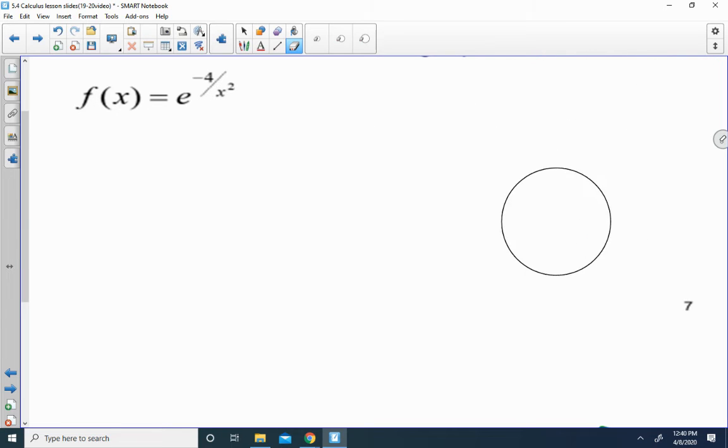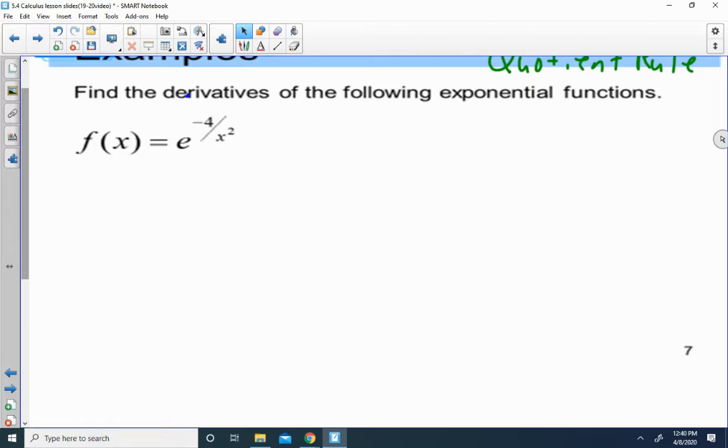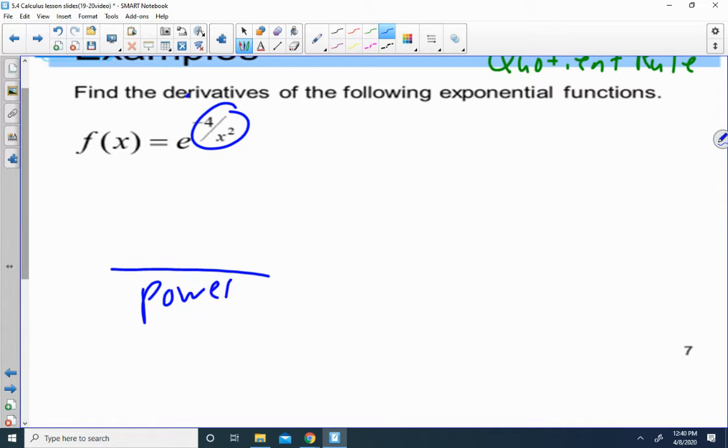Now, some of you might have already realized that there was a faster way to derive the power. Because with negative 4 over x squared, what if I took the x squared and flipped it to the top so that it became negative 4x to the negative 2?